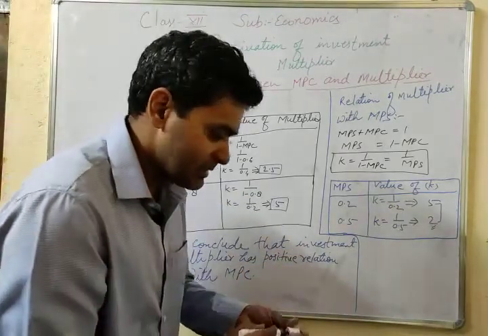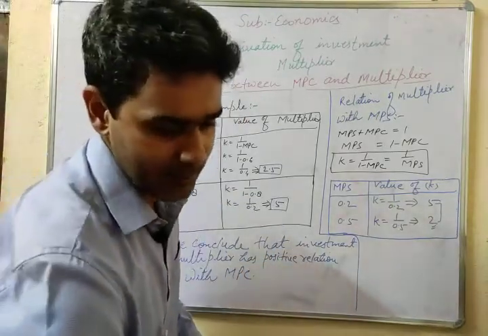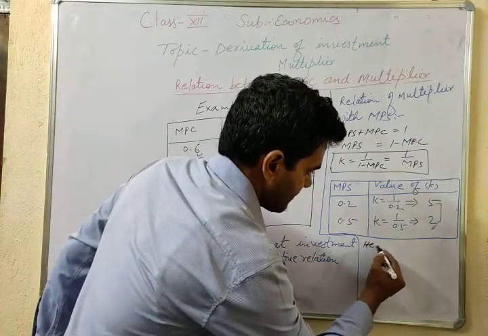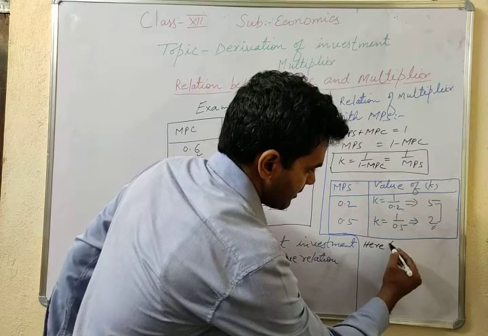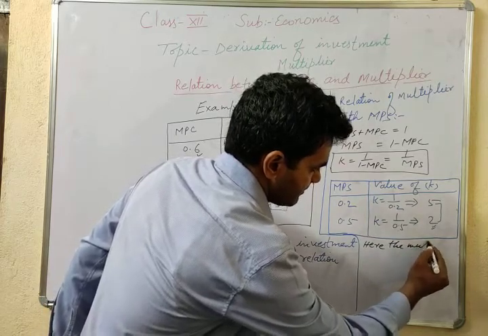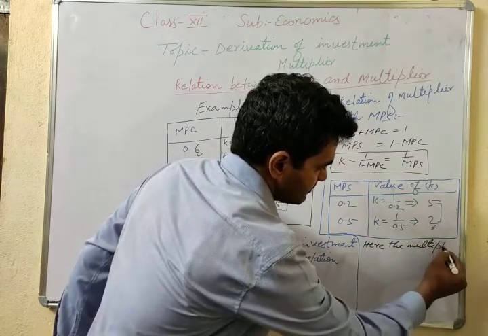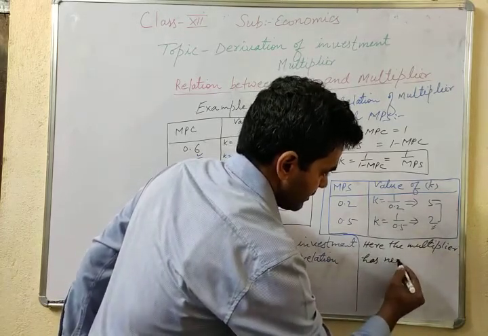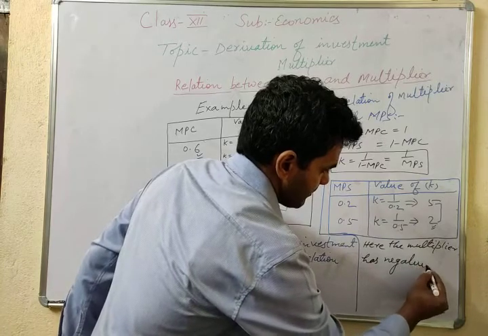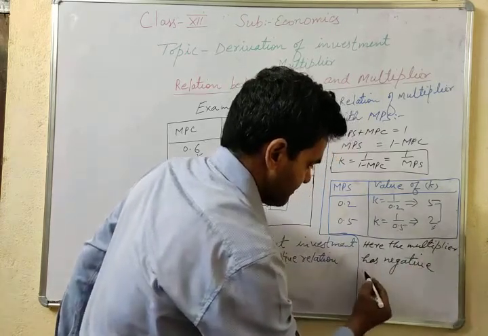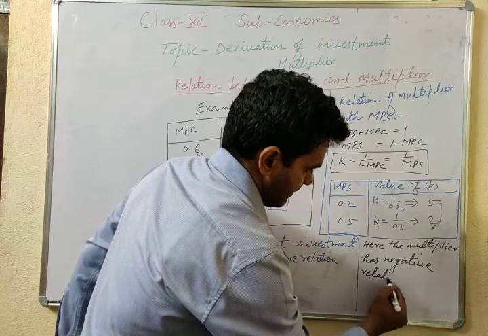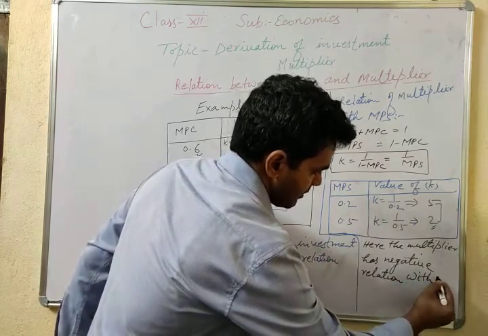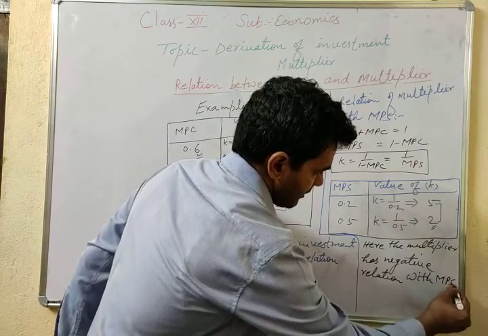So here the multiplier has a negative relation or inverse relation with MPS.